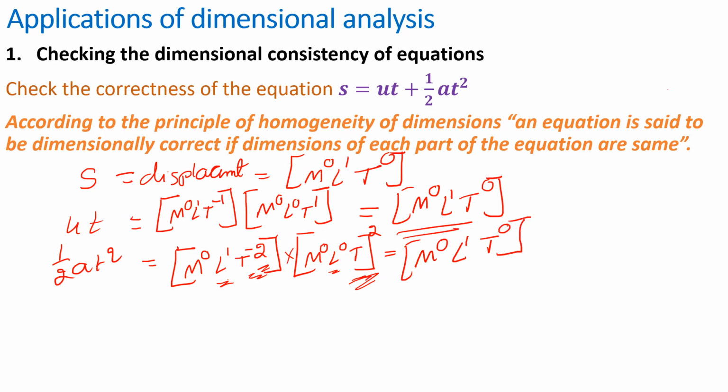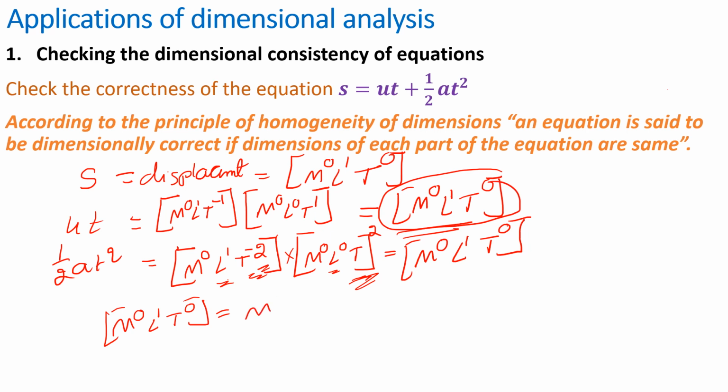Now you have written the dimensions of each part. Just write it in terms of equation sign. S equal to ut plus half a t square. S is nothing but m to the power 0, L to the power 1, t to the power 0, which is equal to ut plus half a t square. What is the dimension of ut?